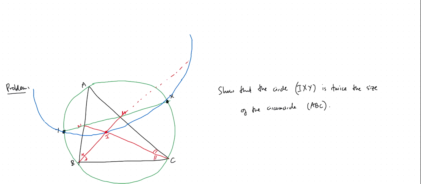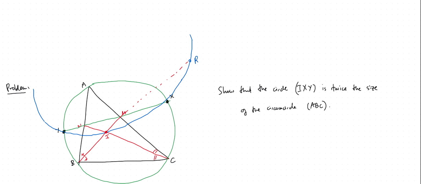So can you get something about this point, the second intersection of BI with the blue circle? Do you find any other information? Let's call this, for example, R. Do we have any information about R?